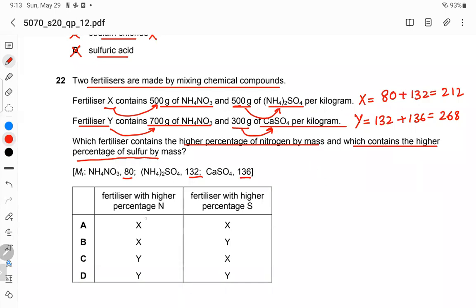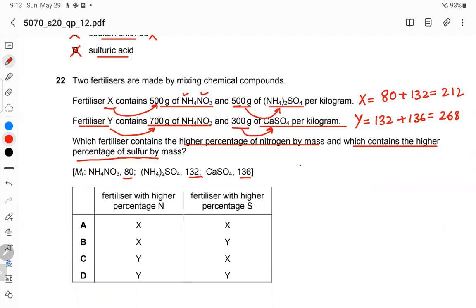So if we talk about X, how many nitrogens does X have? 1, 2, and 3. So the mass of, no, 1, 2, X has 4 nitrogens because it is ammonium sulfate, NH4 twice, right?